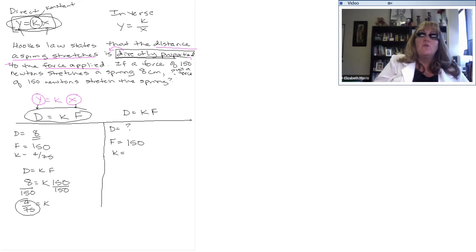Now remember I told you K is a constant. It doesn't change. So it can be moved over here as well. Now, using D equals K times F, I don't know my D, but my K is 4 over 75, and my F is 150. So I can solve for D, which is what they wanted.